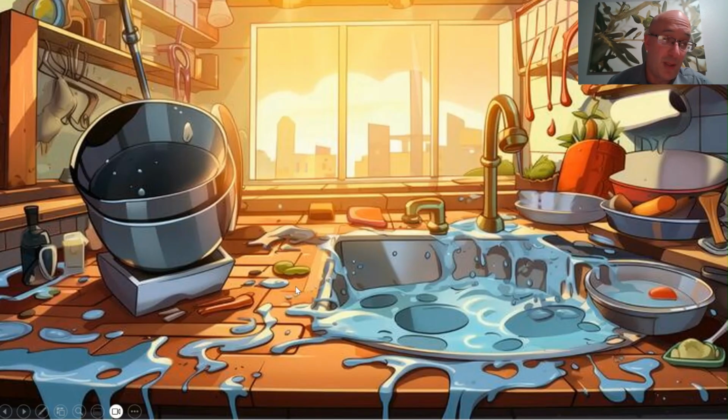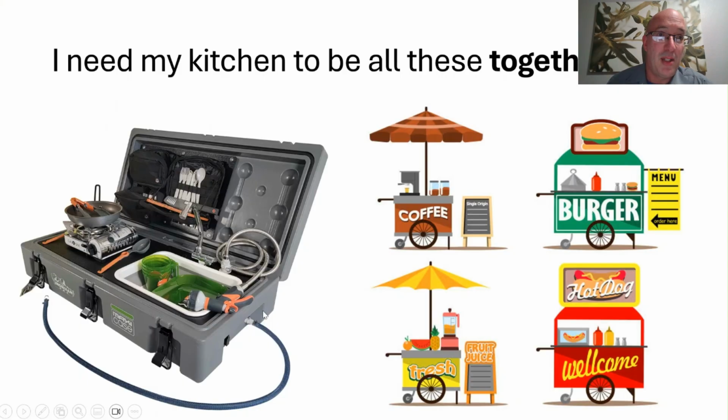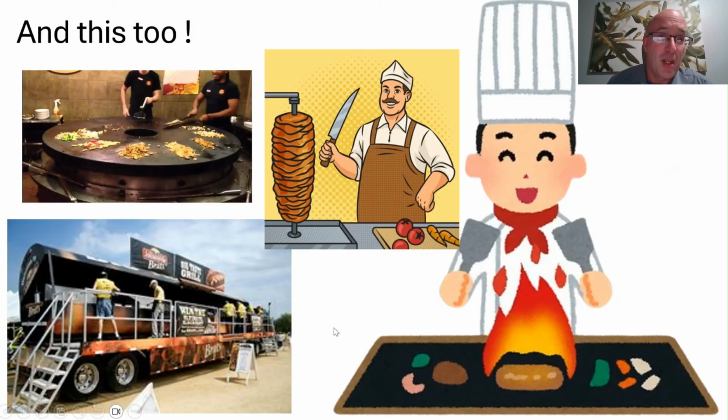And our kitchen, where all the magic happens, is also a mess. So I need my kitchen to be all of these together: specific enough, functional enough, compact enough for fast and easy deployment. And I need it to be unique for my specific needs.